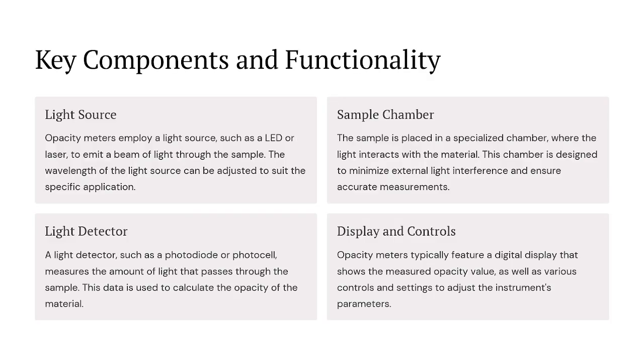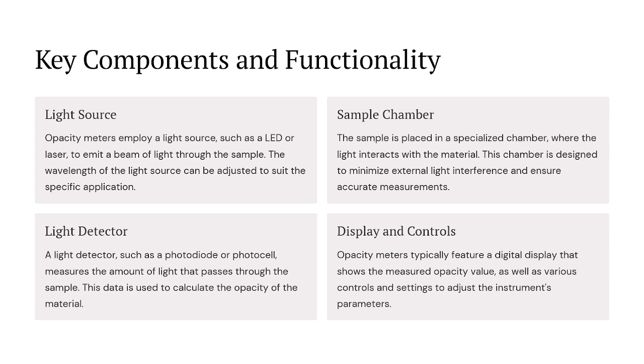Let's talk about the key components and functionality. The light source is usually a small LED or laser that produces a steady beam of light. The sample chamber is where you place the material you want to test.